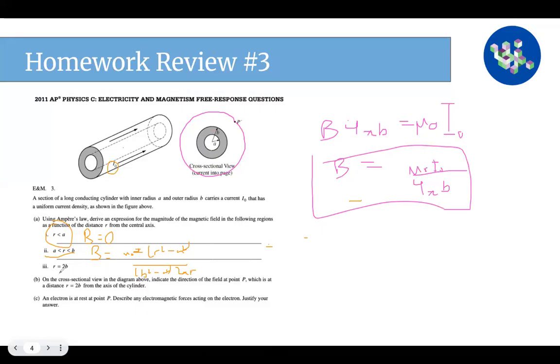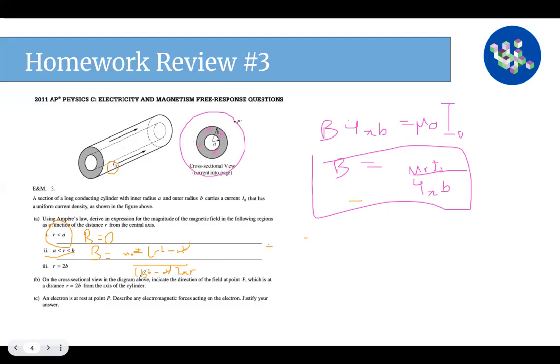Let's go on to part B. Indicate the direction of the field at point P, a distance r equals 2b from the axis of the cylinder. Okay, so we're given that in this cross-sectional view, the current is pointing into the page. I'll draw it as a cross.